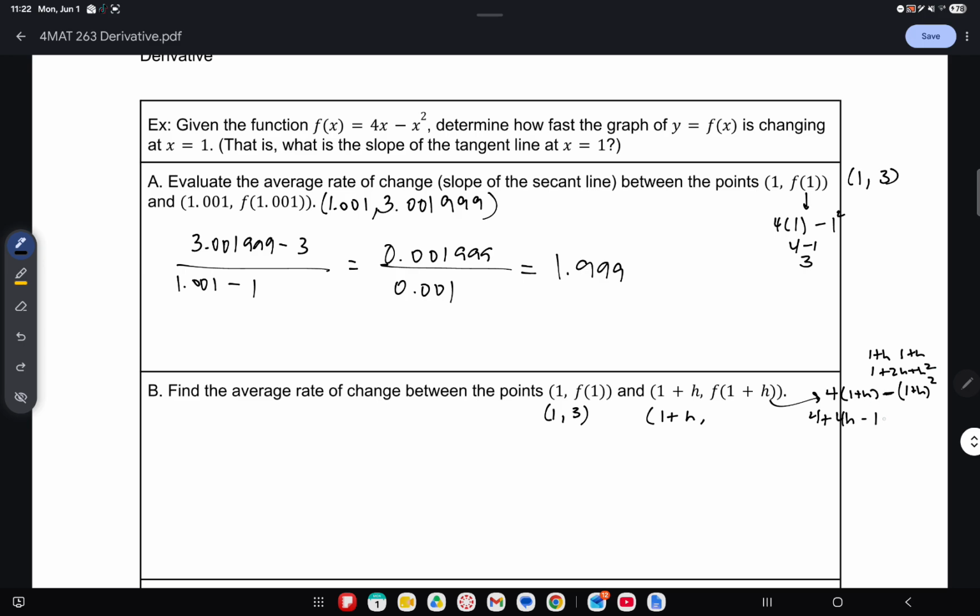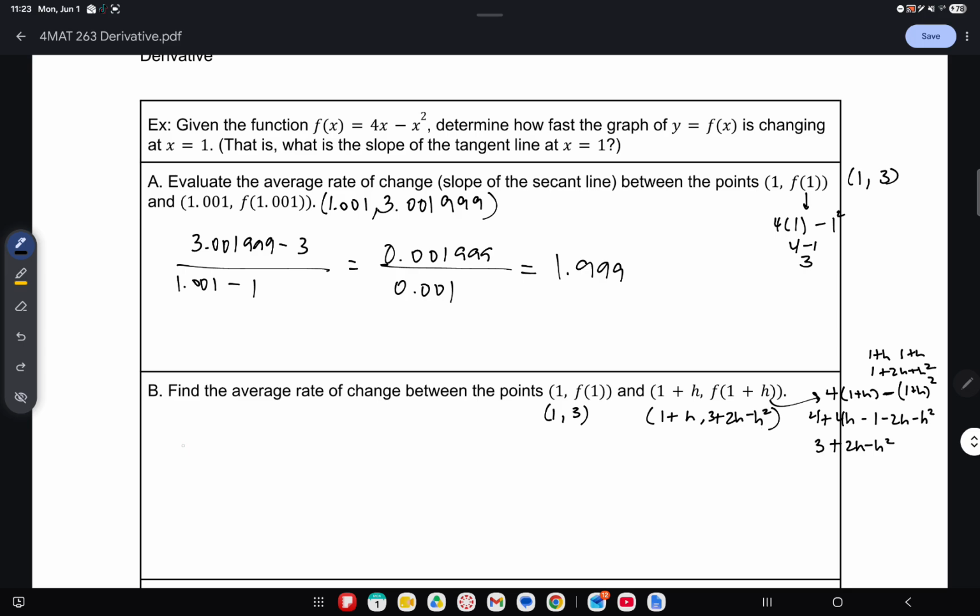So minus 1 minus 2h minus h squared. Let's combine some like terms. So that's going to give me 3 plus 2h minus h squared. I'll just rewrite that here: 3 plus 2h minus h squared.